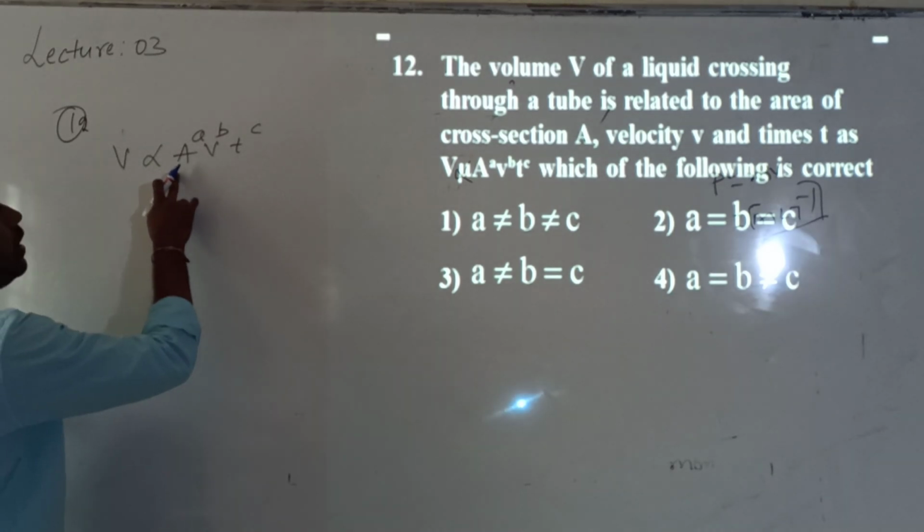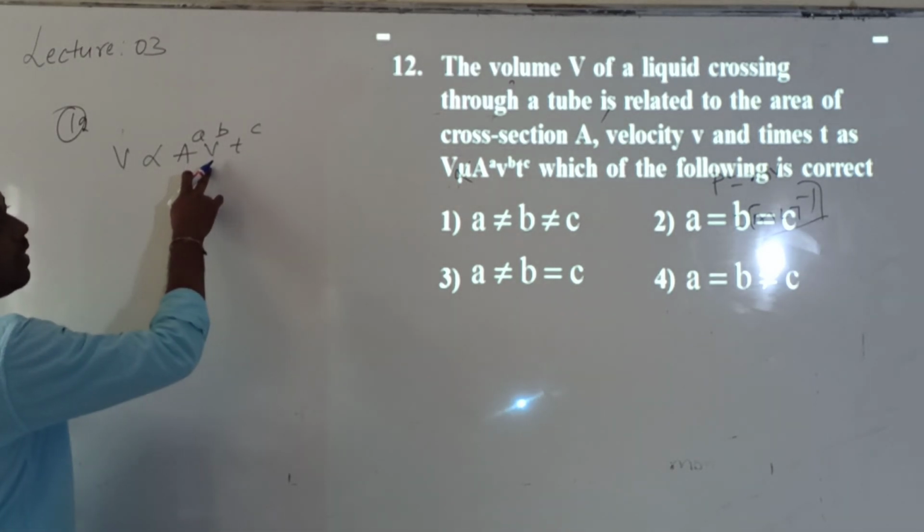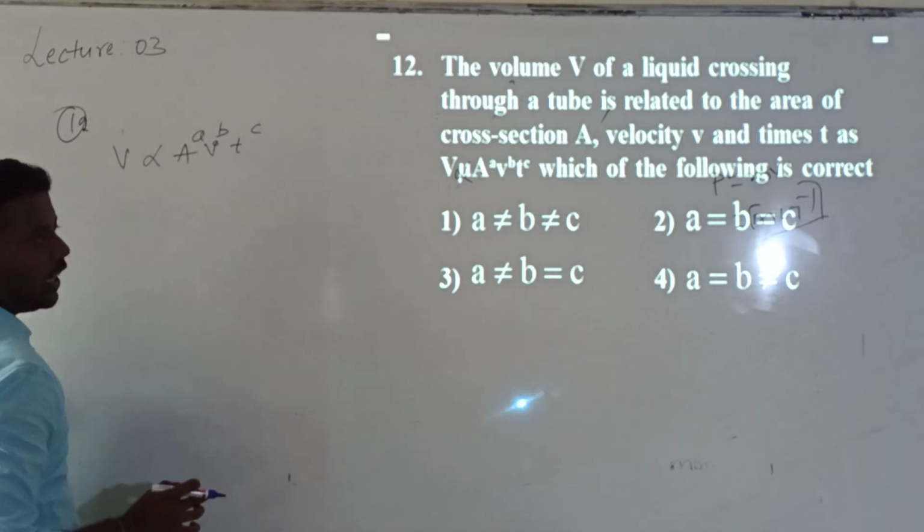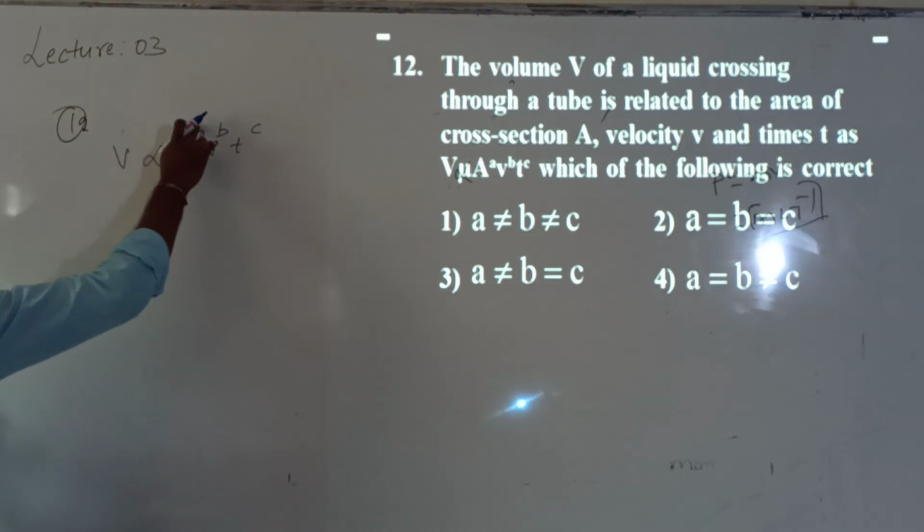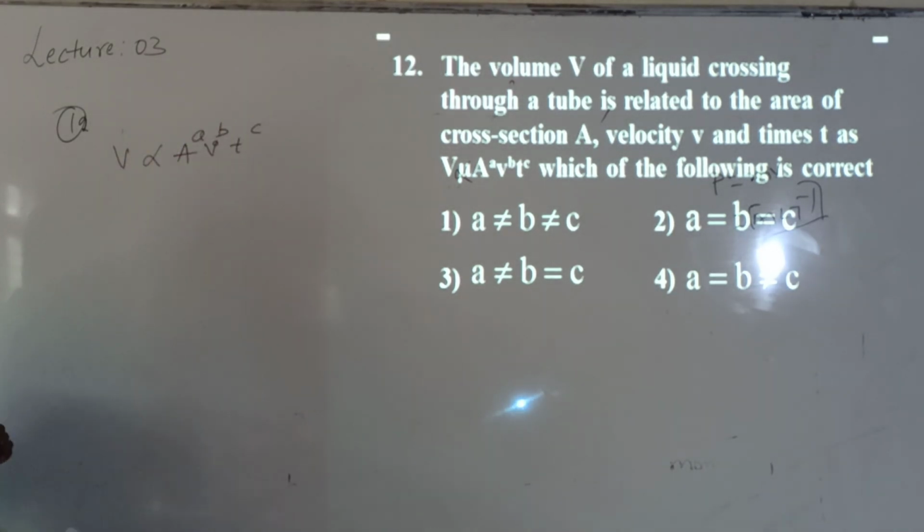V is the volume of the liquid flowing, A is the area, v is the velocity, and T is the time. Now they are asking what is the relation between a, b and c.